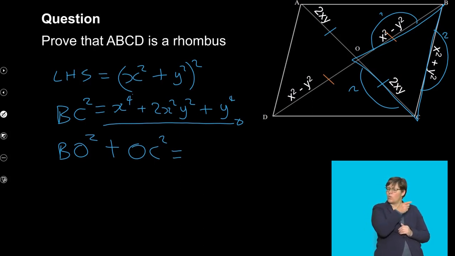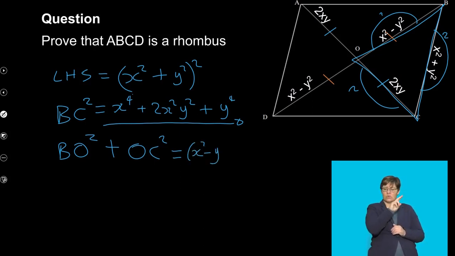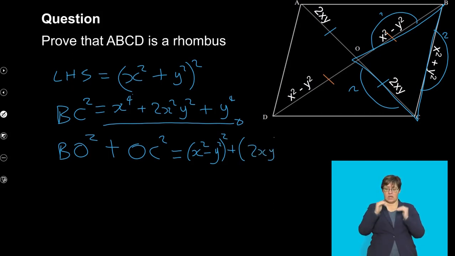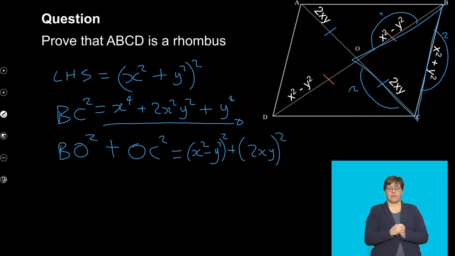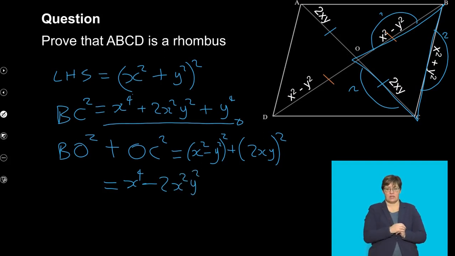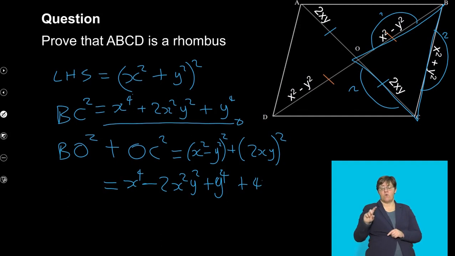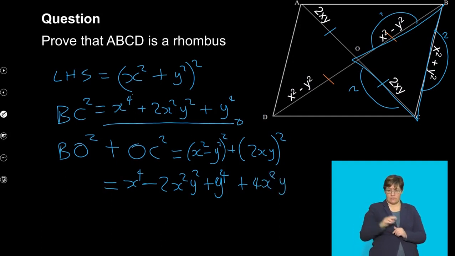BO, we know that this is x squared minus y squared, and then it will be plus, I square this, 2xy squared. Okay, and therefore this will then be equal to, if I simplify this, x to the 4 minus 2x squared y squared plus y to the 4, and then plus 4x squared y squared.